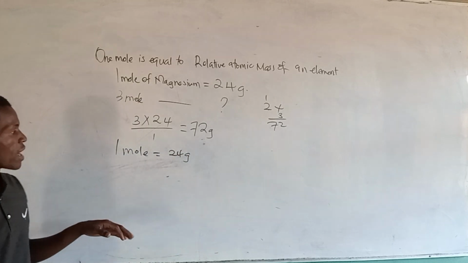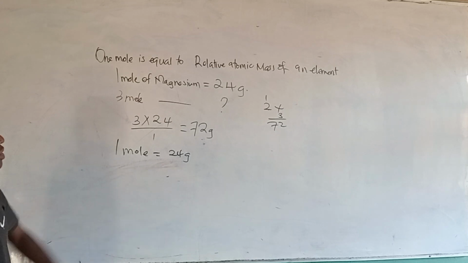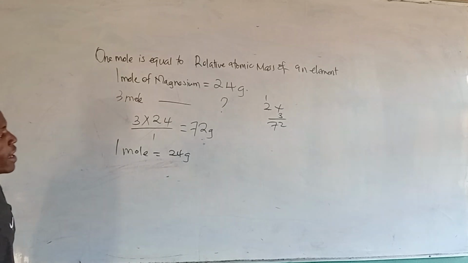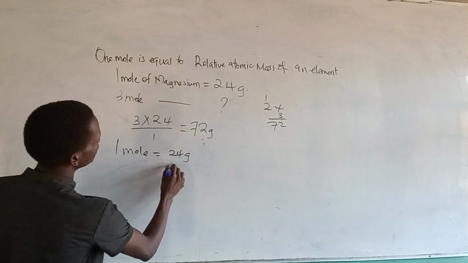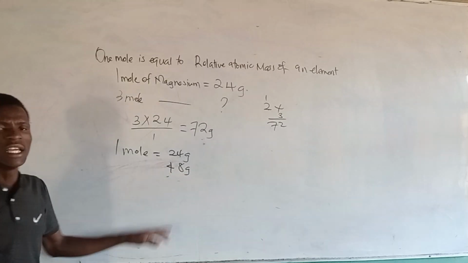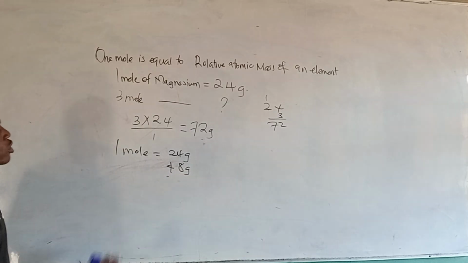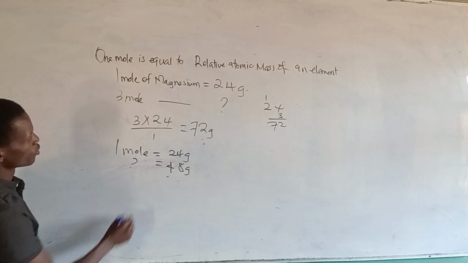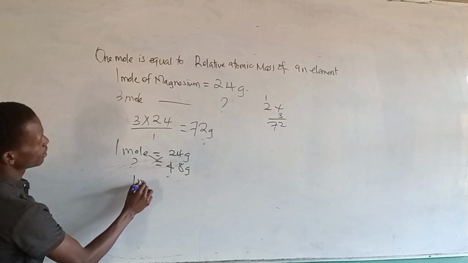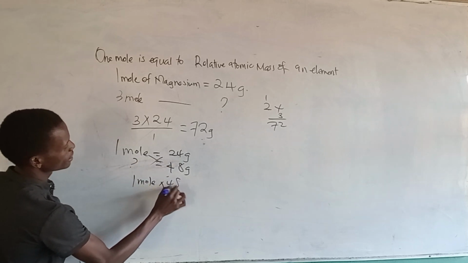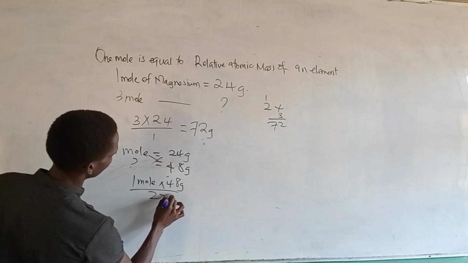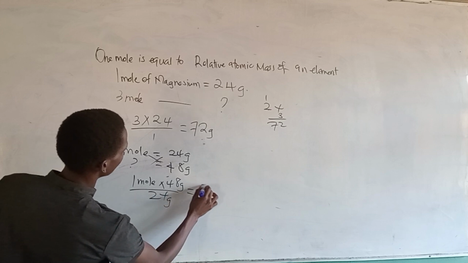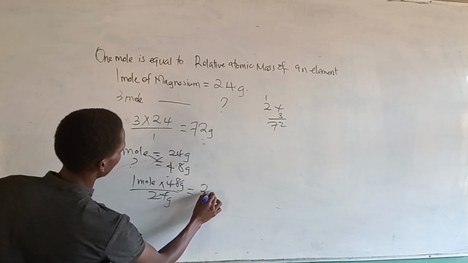I would ask myself, what about when I weigh 48 grams? 48 grams of magnesium will be equal to how many moles? So you cross multiply and you get 1 mole times 48 grams over 24. So you get 2 moles.